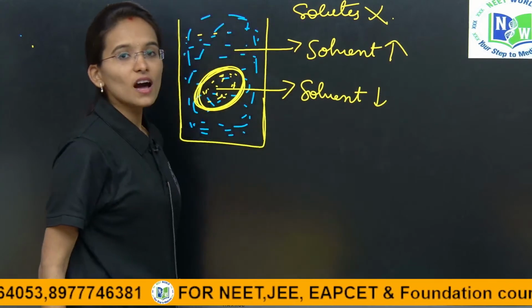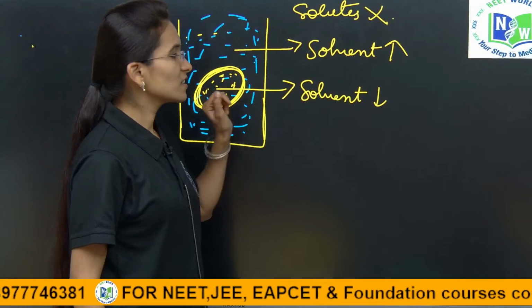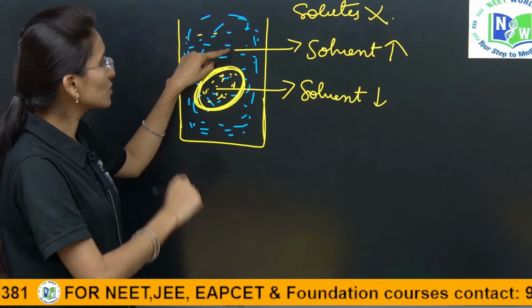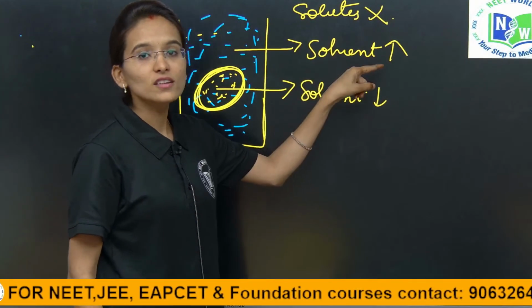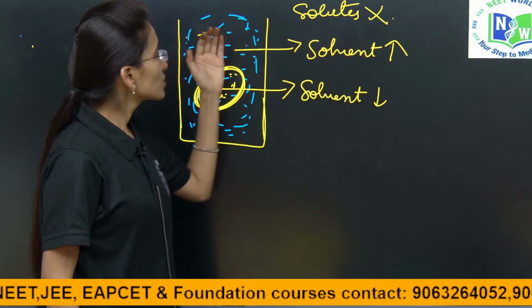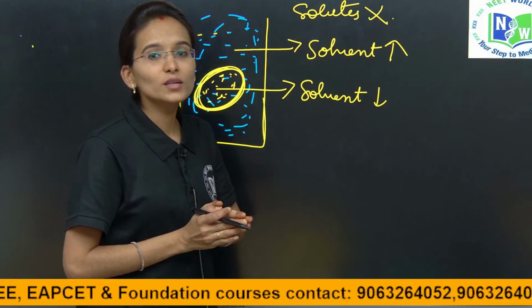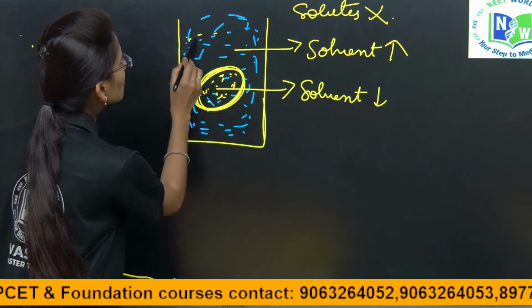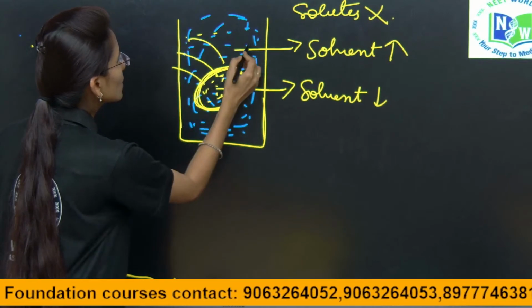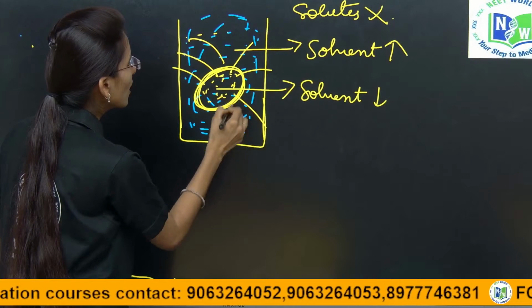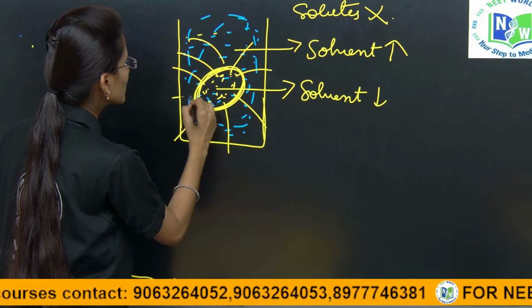Now you need to answer, solvent is less here inside the cell. Outside the cell we have more solvent, concentration of the solvent is more. So now from where to where the solvent molecules will move? Absolutely from here to here. The solvent will move from higher to lower concentration gradient.